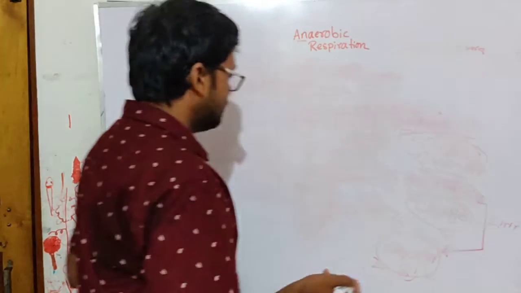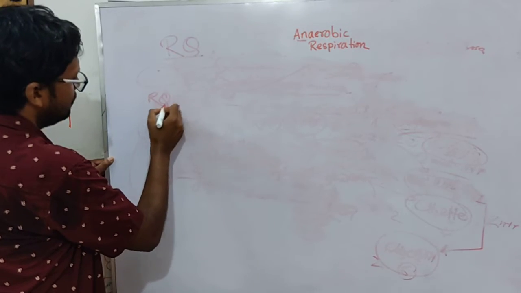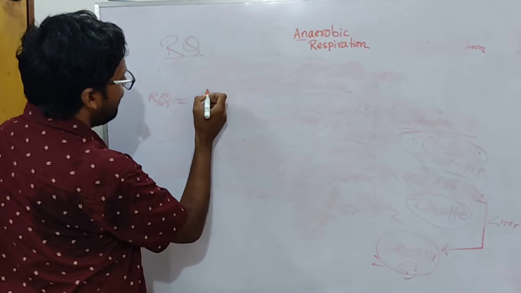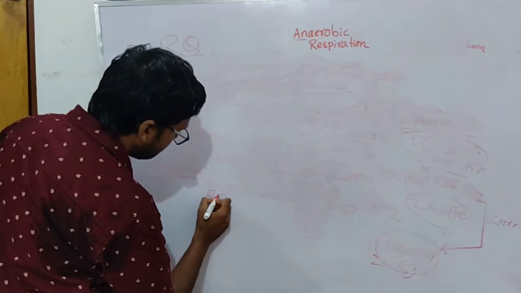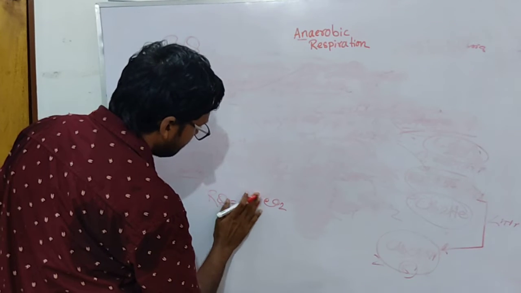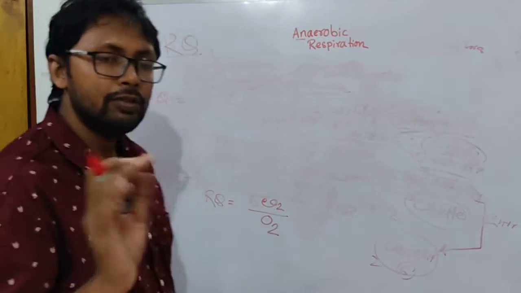So RQ is a value, that is how much amount carbon dioxide is produced by amount of oxygen is needed during the respiration.